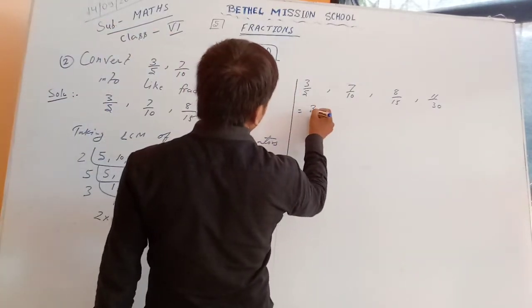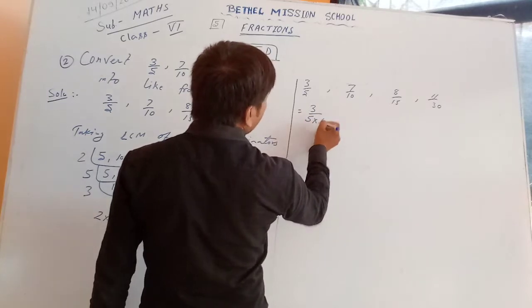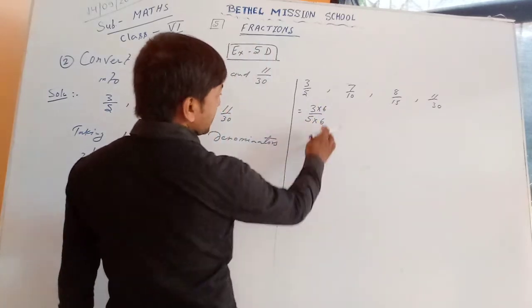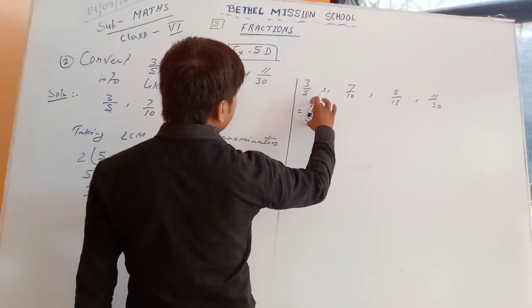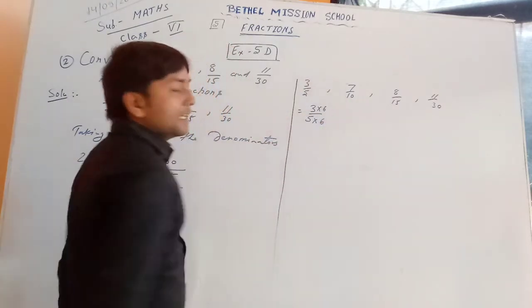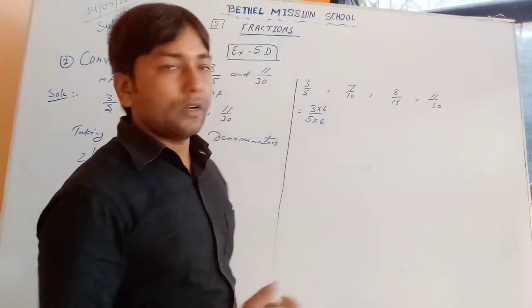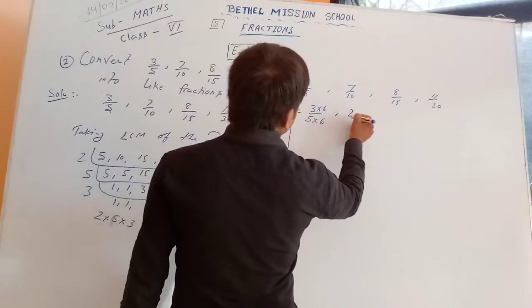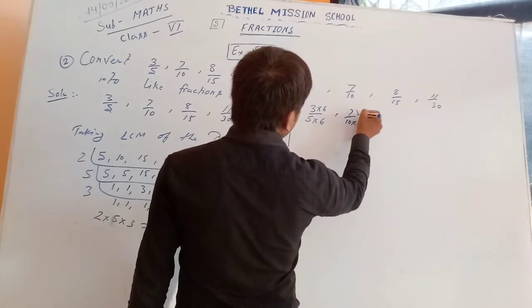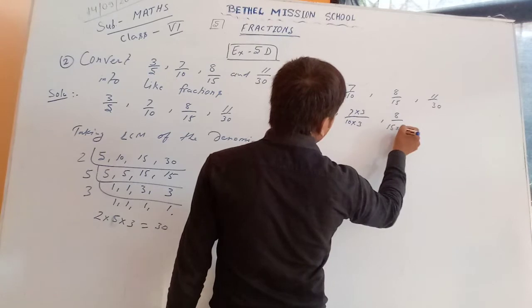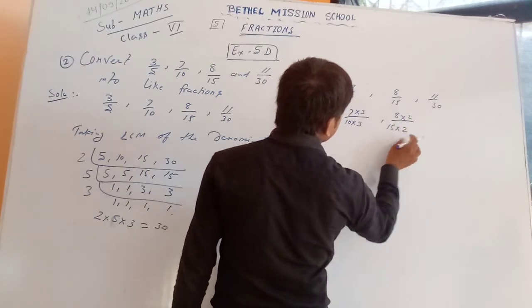So for 3 upon 5, multiply the numerator and the denominator by 6. We can multiply or divide by the same number. 7 upon 10, multiply by 3, and 8 upon 15, you can multiply by 2 to get 30.